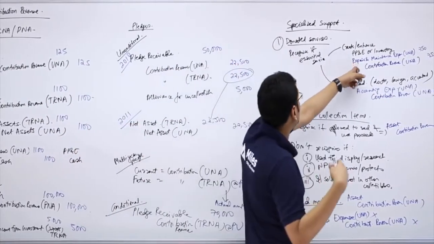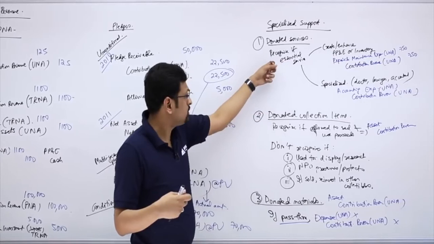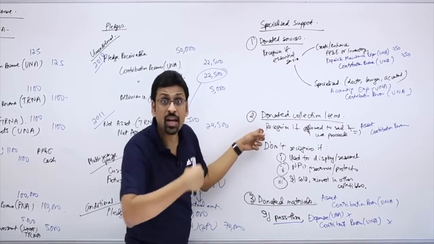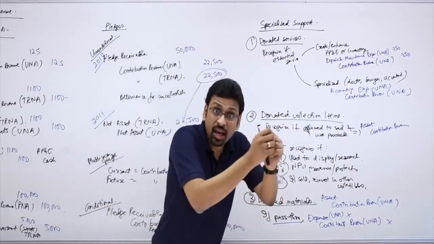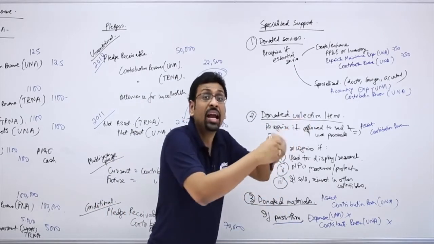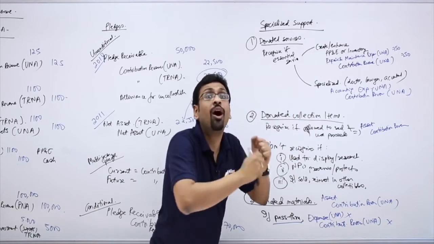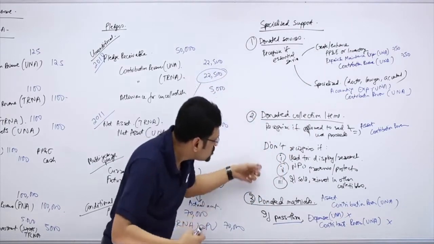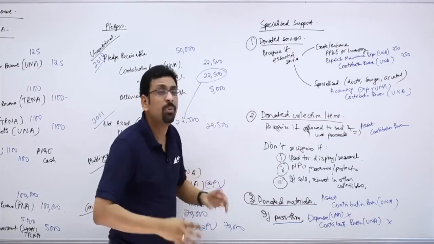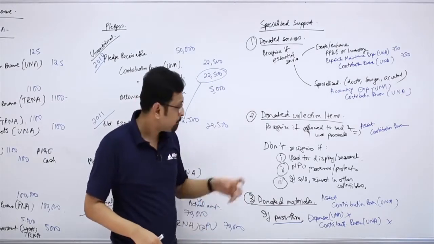That's revenue only if it's an essential service. They could get donated collection items, paintings. Now, that would be revenue only if they're allowed to sell that painting and use the proceeds from the sale for other than buying other collectibles or paintings. But generally, it's not recognized because they're not allowed to do that.